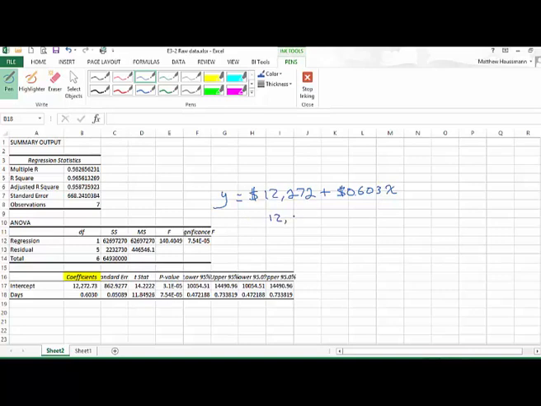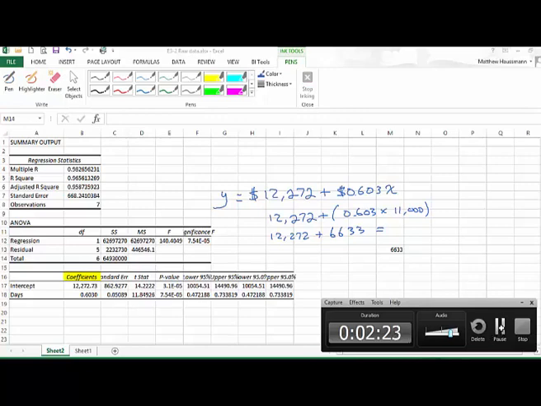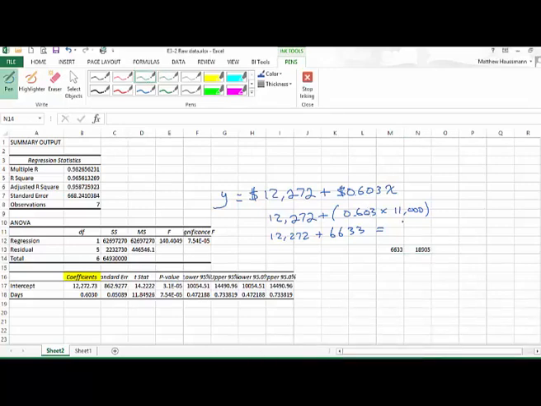So we would expect 12,272 plus 0.603 times 11,000, which is 12,272 plus 6,633, which equals $18,905.